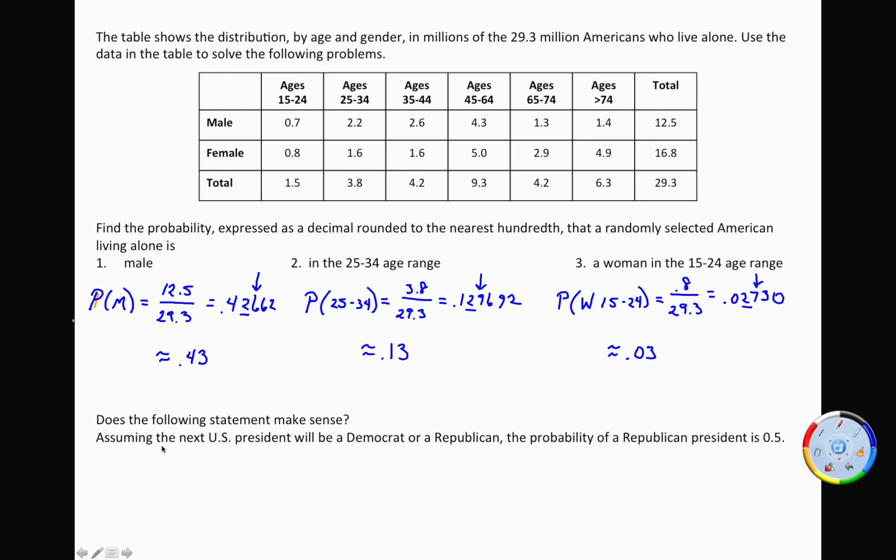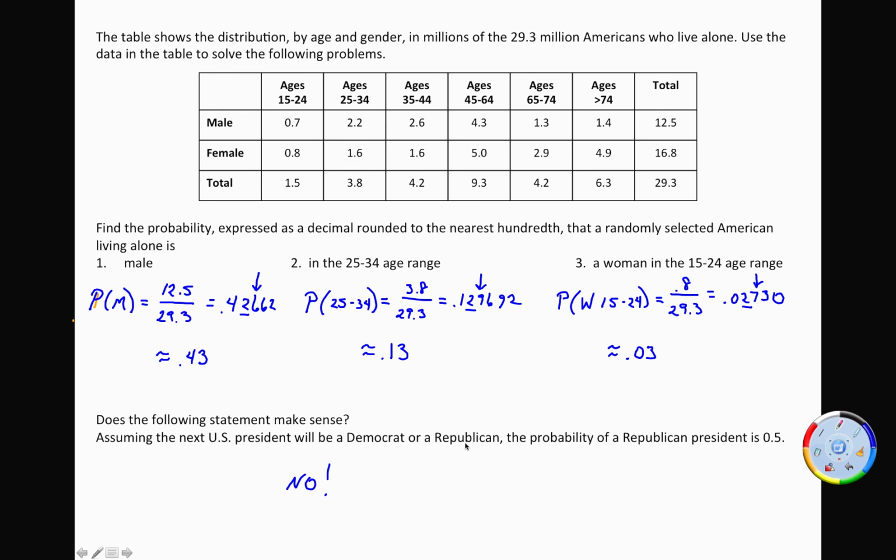Okay, think about this. Does the following statement make sense? Assuming the next U.S. president will be a Democrat or a Republican, the probability of a Republican president is 0.5. Does that make sense? No. Remember, to determine these probabilities, they are based on equally likely outcomes.